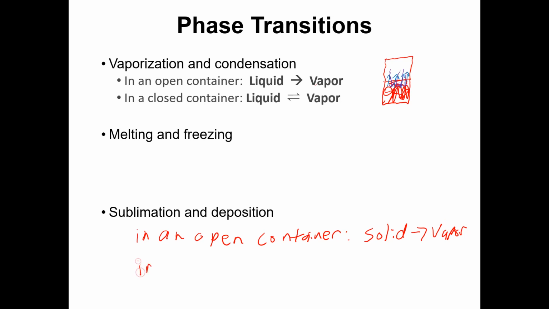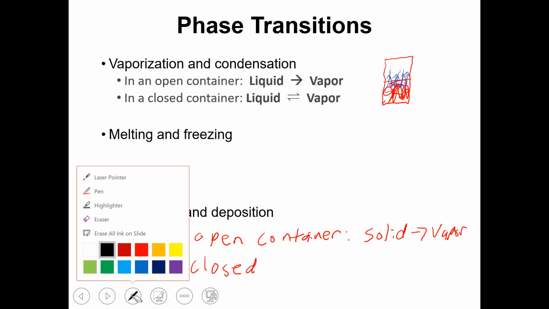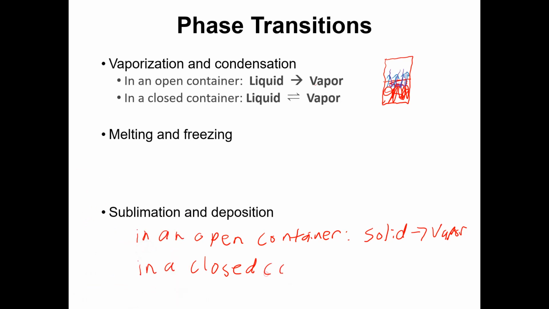If we're in a closed container, however, we have a similar situation to what we had with the liquid and the vapor. We get this back and forth reaction going, where some of the solid is eventually going to get enough energy to escape into the vapor phase.